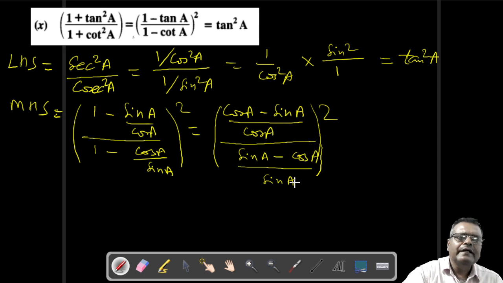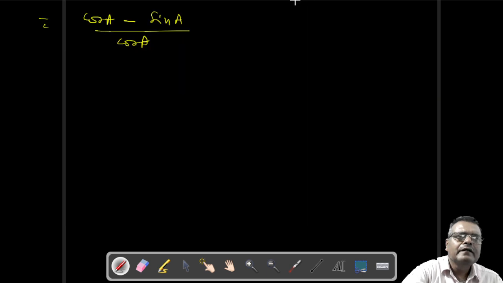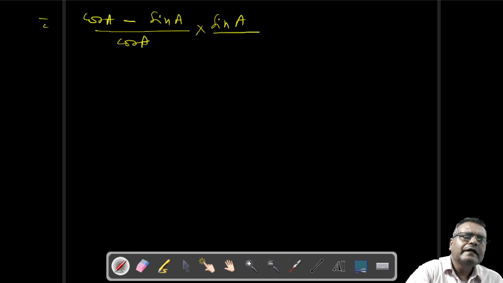Then you will get sin A by (sin A minus cos A) into sin A by (sin A minus cos A). This one whole square.